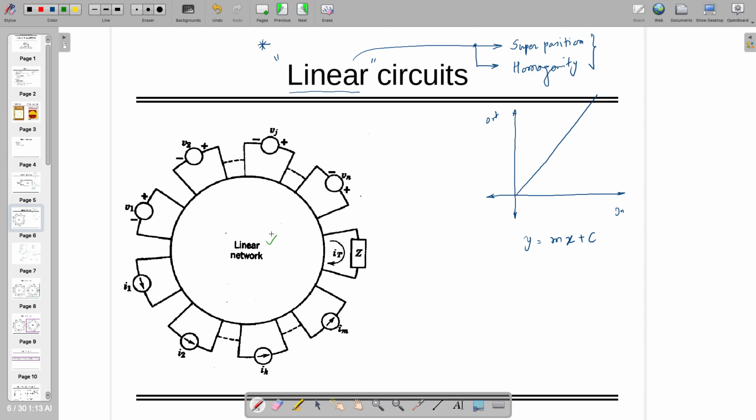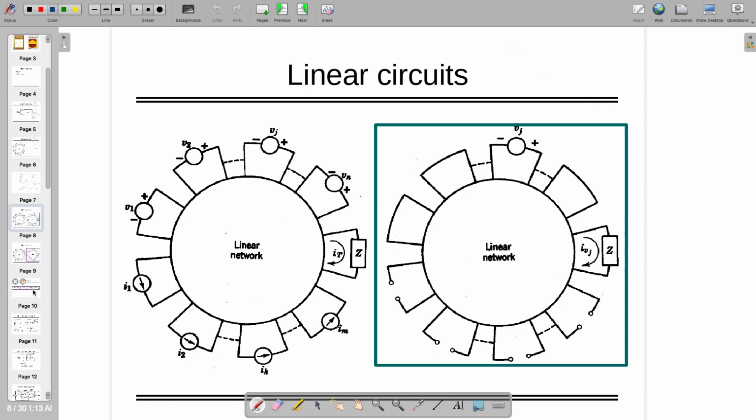And in that case, if I have so many, like these green colored are the independent voltage sources, and these blue colored ones are the independent current sources, and I am going to take output from this impedance. Then how am I going to solve this kind of circuit? I am going to use the superposition theorem, a revisit of superposition.